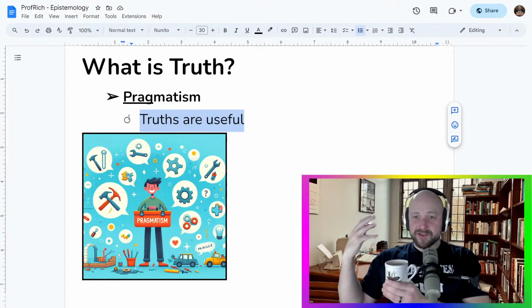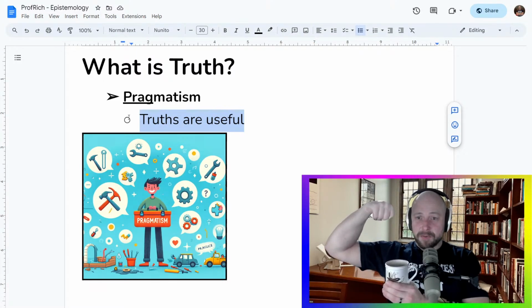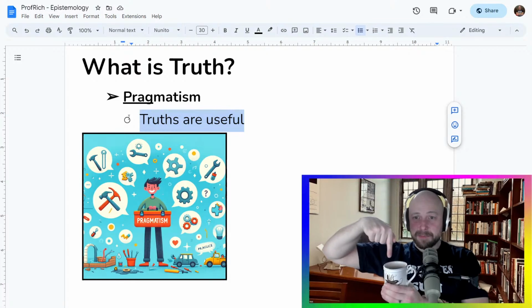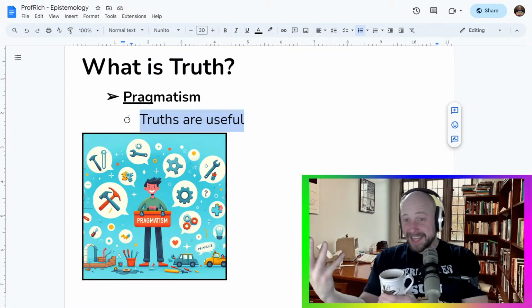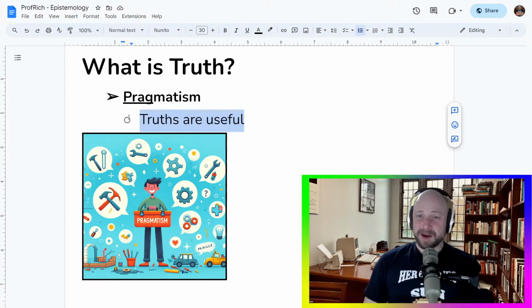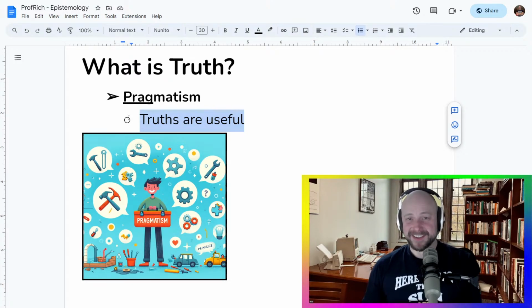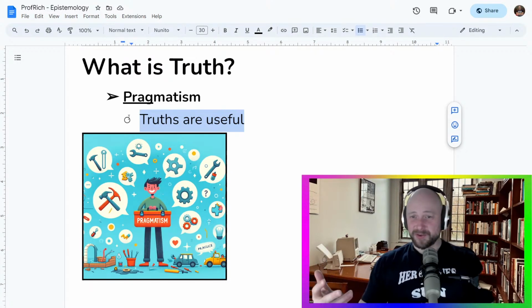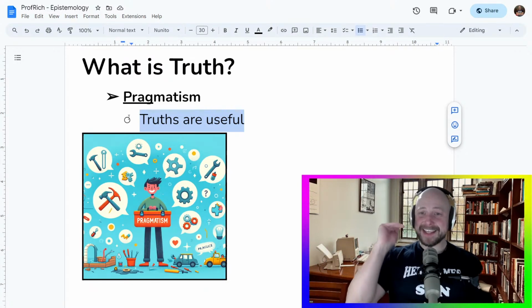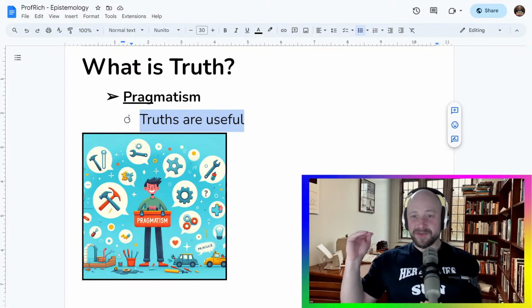So that truth is useful because it means I don't put my finger in my boiling hot coffee. Because if I did put my finger in my boiling hot coffee, I'd burn my finger and it'd hurt, right? So it's quite useful. That's a useful truth. So we can say it is true that boiling hot coffee will burn your finger.